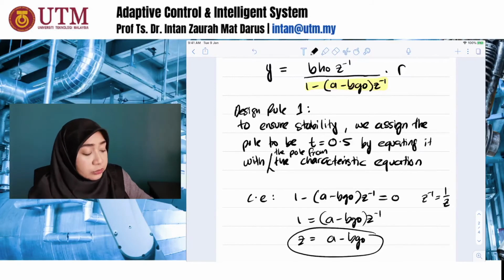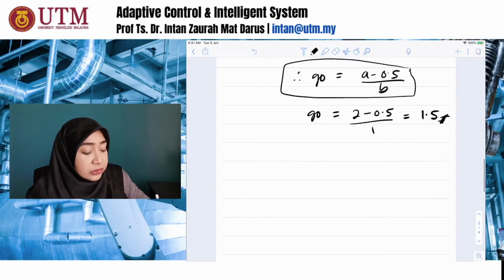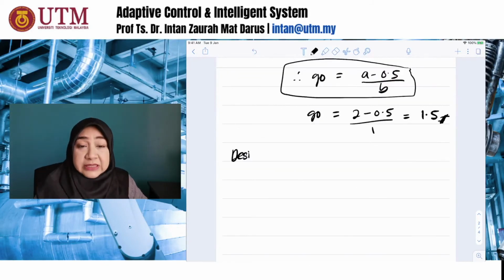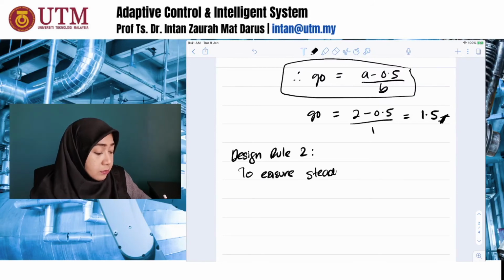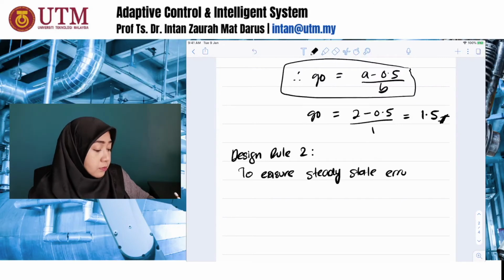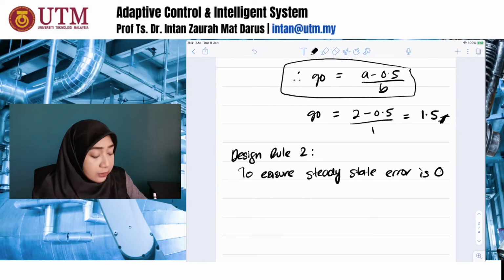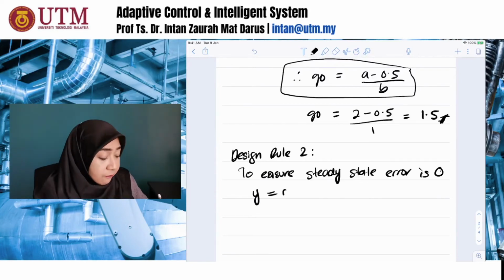Design rule number 2 is to ensure the steady state error is 0. How to do that? Of course, your y must be equal to r. Therefore, your y over r must equal 1.